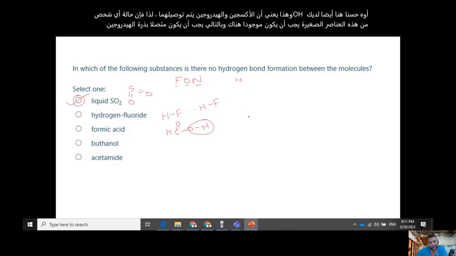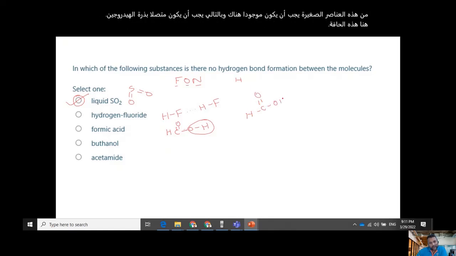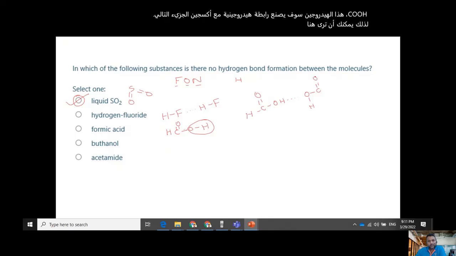Here this HCOOH, this hydrogen will be making a hydrogen bond with the oxygen of the next molecule. So you can see here this oxygen and this hydrogen over here, C double bond O.